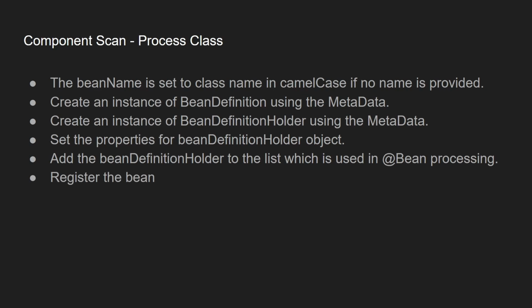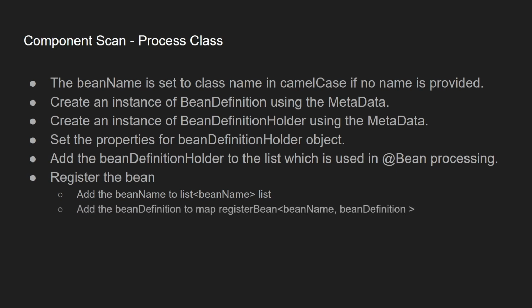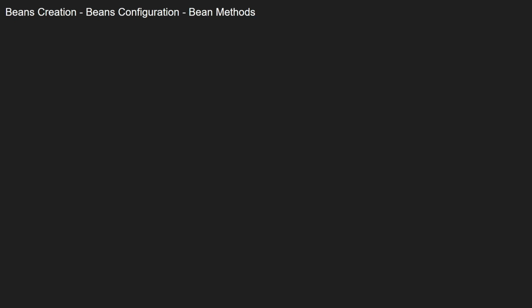And the registration of the bean takes place. In the registration of bean, the bean name is added to the list of bean names, and the bean definition information is added to the registered bean map, wherein the bean name will be the key and the bean definition is the value.